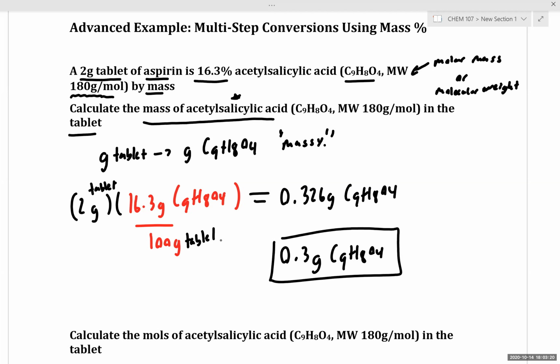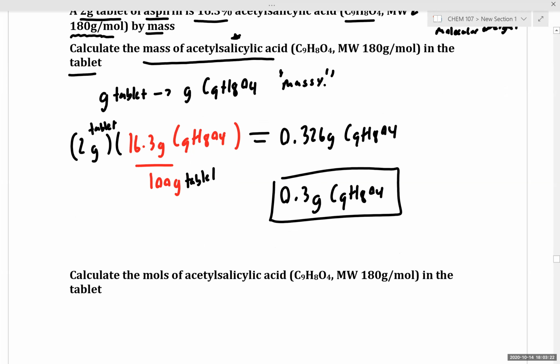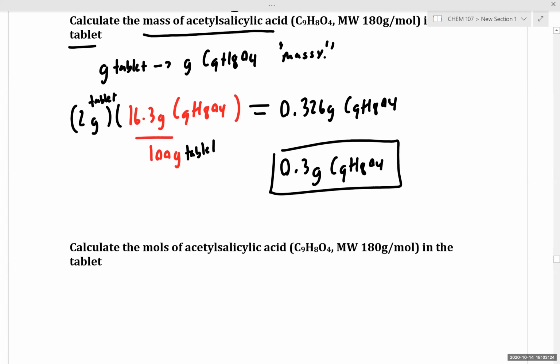So now that we've calculated the mass of acetylsalicylic acid, I'd like you to take this mass value and calculate the moles of acetylsalicylic acid in the tablet. Let's take another 2 to 3 minutes and try to convert our calculated mass value into the moles.